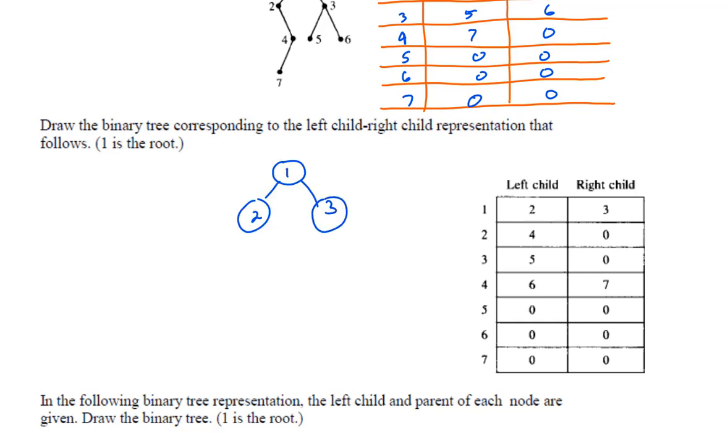So the root is 1, and it has left child 2 and right child 3. Node 2 has the left child 4, no right child. And 4 has 6 and 7, but 3 has only 5. And that's it. This is the graph representing this array.